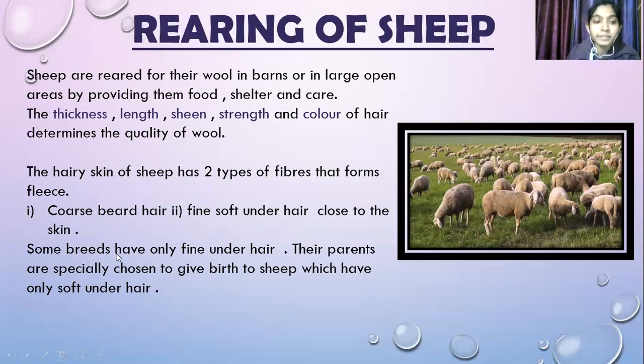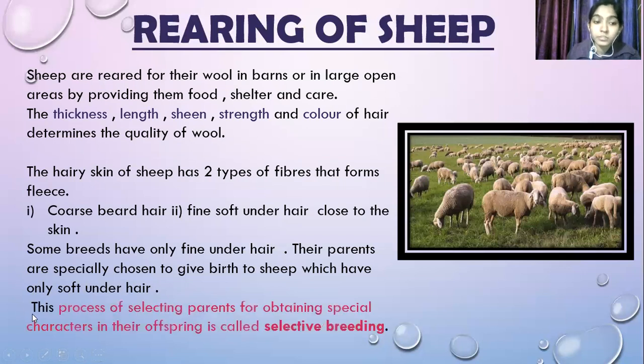Because their parents are specially chosen to give birth to sheep which have only soft under hair. So this process of selecting parents for obtaining special characters in their offspring is called selective breeding. Like in this case, the parents are chosen in such a way that the breed has only fine under hair. This is called selective breeding. Is it clear? Yes, ma'am.